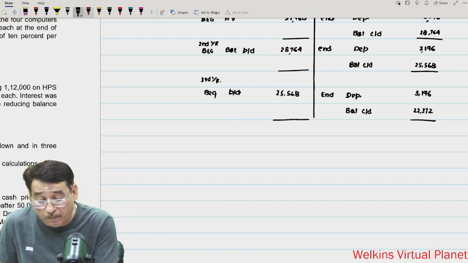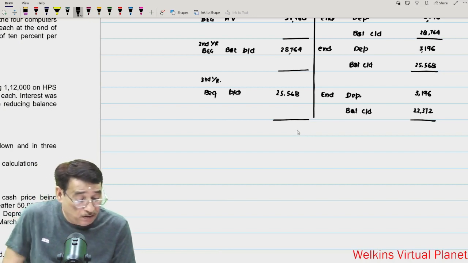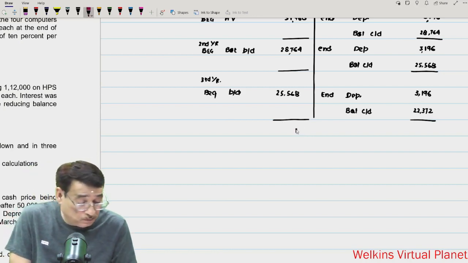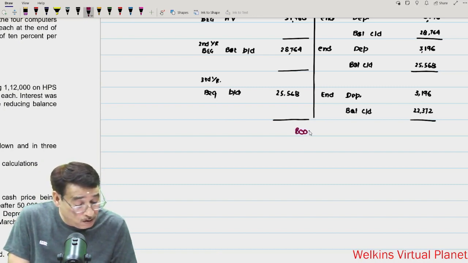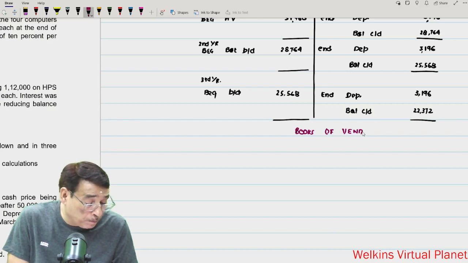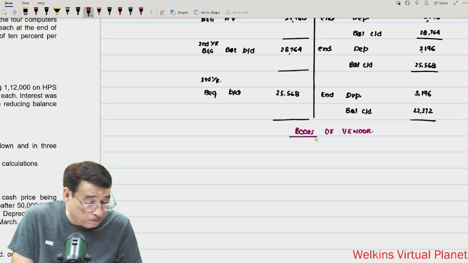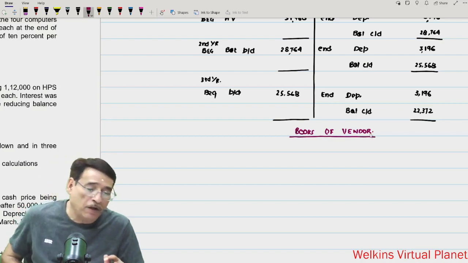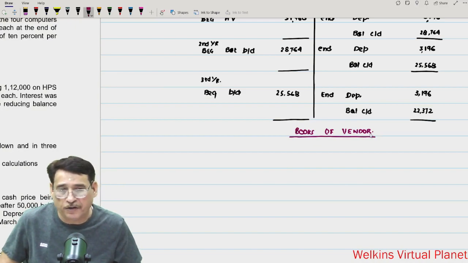Then books of vendor. In case it is asked to prepare ledger account in the books of the vendor, you should have a bit of idea. I have already told you vendor will generally prepare one account, that is hire purchaser account only.